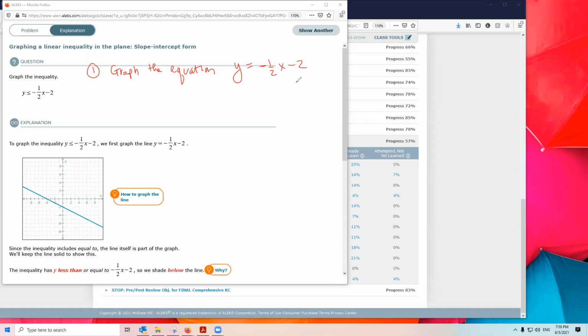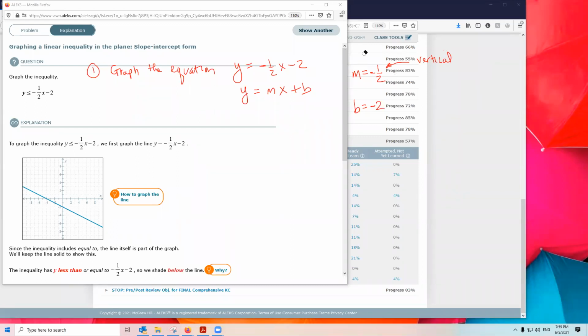All right, well, I'm going to do that. One way I could graph this is use the slope-intercept form of a line. In our example, the slope is negative 1/2, and the y-intercept is negative 2. Remember, when you have the slope, the top number is the vertical change, and the bottom number is the horizontal change.